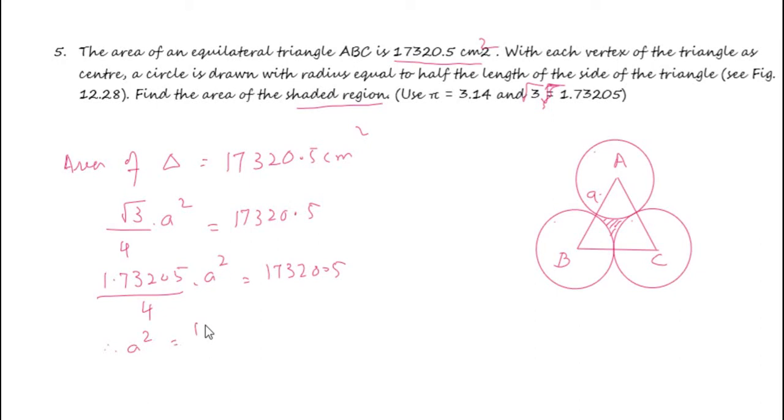equals 17320.5 divided by 1.73205 into 4. This is 10,000, and 10,000 can be written as 100 square, into 4 can be written as 2 square.